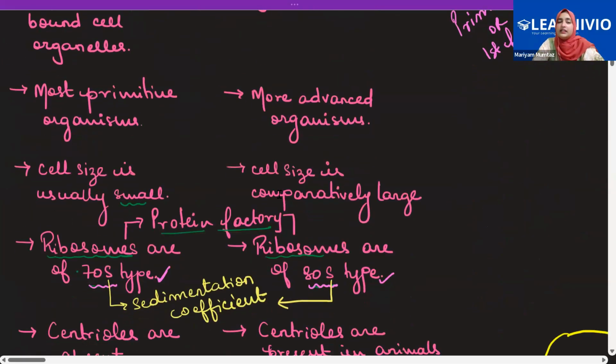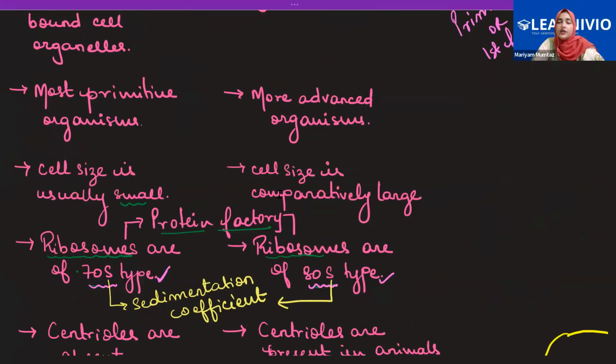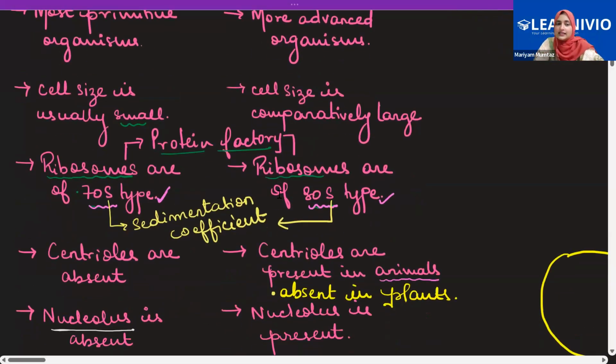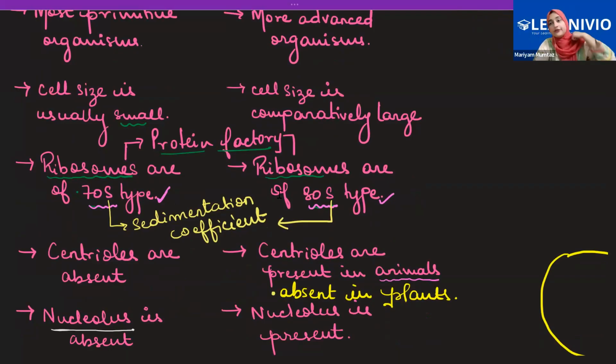Furthermore, in terms of when they came to the face of the earth, prokaryotes are more primitive, whereas the eukaryotes are more advanced. Prokaryotic organisms are usually smaller in size, whereas the eukaryotes are comparatively larger. The ribosomes of prokaryotes are 70S type and the ribosomes of eukaryotes are 80S.